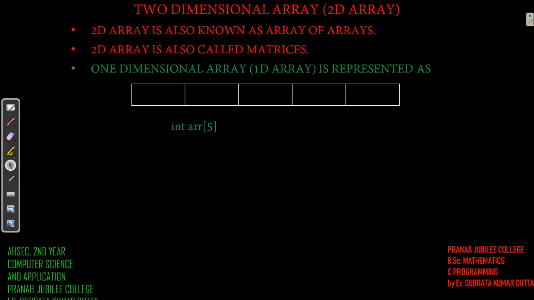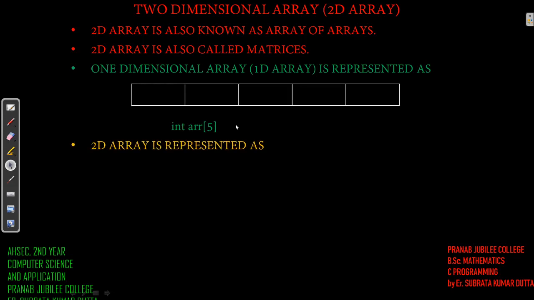Here how many blocks are there? 1, 2, 3, 4, 5. That means 5 elements can be entered, so in square brackets we have written 5. We have already done programs on one dimensional arrays, so there should not be any doubts.